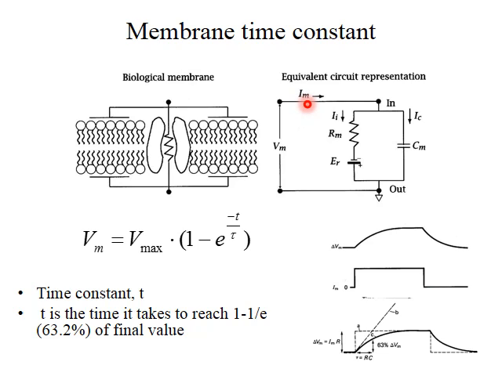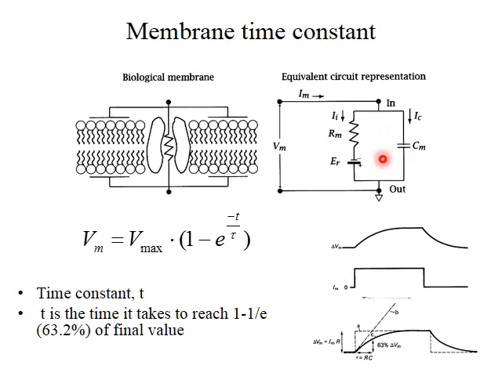In order to determine how the voltage of the cell changes with time, we can solve for current flow through this circuit and come up with an equation that describes this current flow.